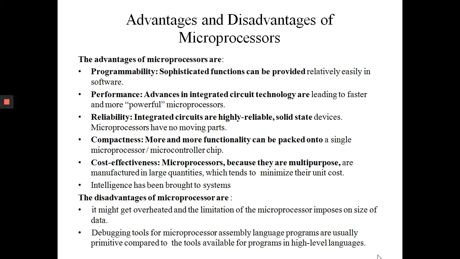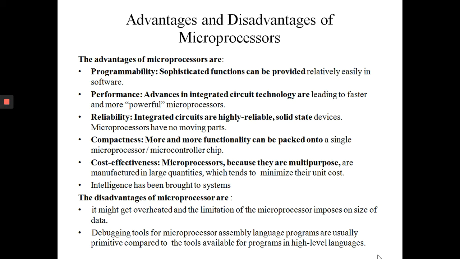Solid state microprocessors have no moving parts. More and more functionalities can be packed onto a single microprocessor or microcontroller chip. Cost effectiveness. Microprocessors, because they are mass produced, are cost effective in large quantities to minimize their cost.